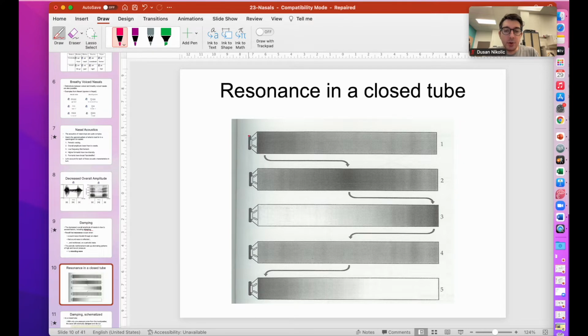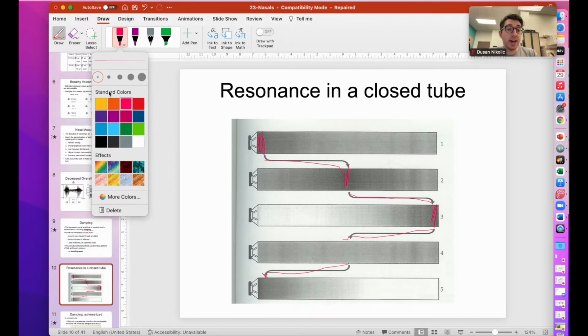For example, if you have a speaker to this side here and you play a pulse into the closed tube, the area of air pressure here is the highest. Then as it travels, the area of air pressure here is the highest now. And as it travels, the area of air pressure here is the highest. And then it bounces off, right? And goes back to where it started. Well, we also have, because this is the area of higher pressure, and the area of higher pressure means the area of compression, we also have areas of rarefaction.